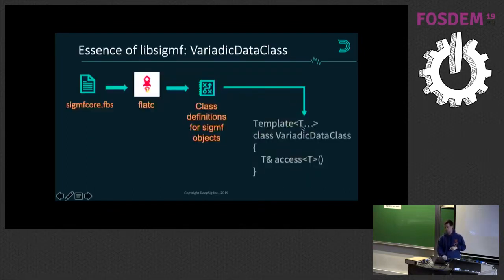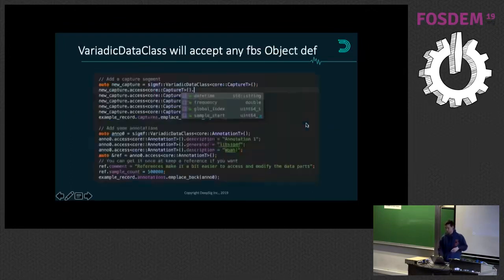So there's this variadic template, and then you can access specific objects inside there. The nice thing is that this works with any kind of type, it doesn't have to be sigmf in here. This could be any kind of data storage class that you want. And then you can shove that into this template parameter and just squash together all kinds of different flatbuffer objects into one convenient holder.